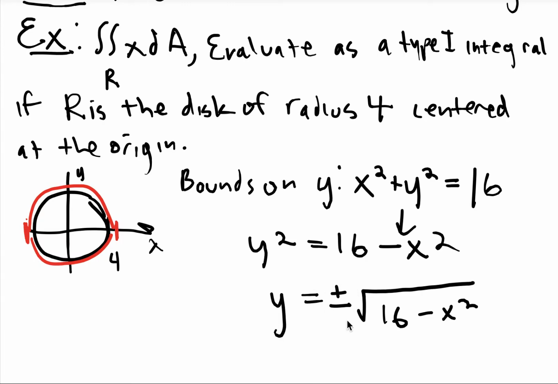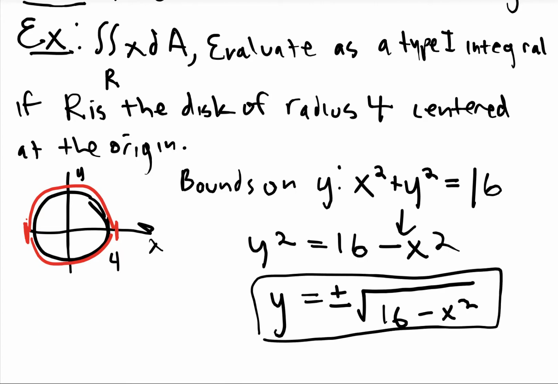And the fact that we're giving both, well, that's where your top branch and your bottom branch of these equations are going to be. So hopefully it should be pretty clear which one's on top, which one's on the bottom, so which one's the larger value and which one's the smaller value. So these will serve as our bounds on y right here. And if I'm worried about my bounds on x, well, let's think about this.